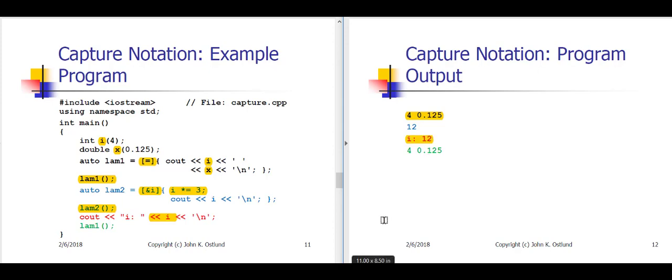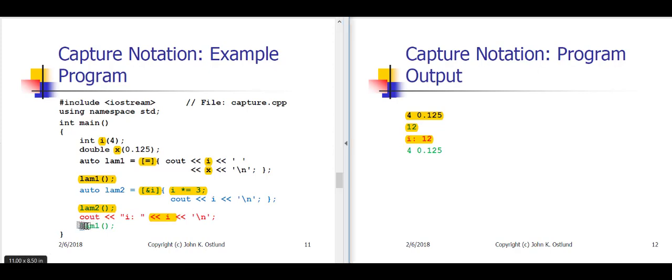Okay, so I define lam2, I capture i by reference. I first change i's value to 3 times itself and then display i, so that's the blue 12. Then in this red cout statement, when I display the value of i I get 12.